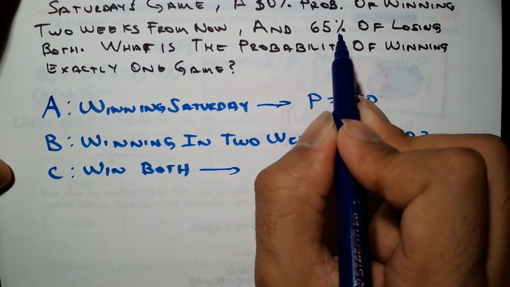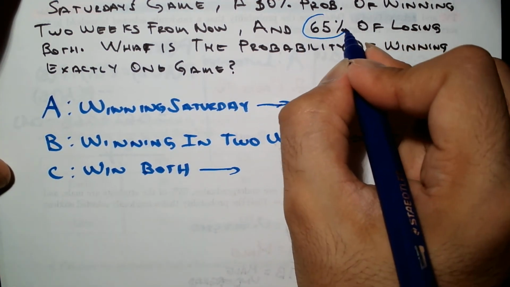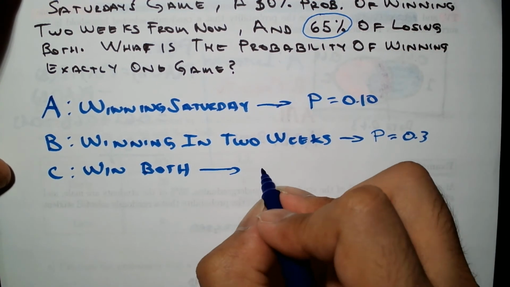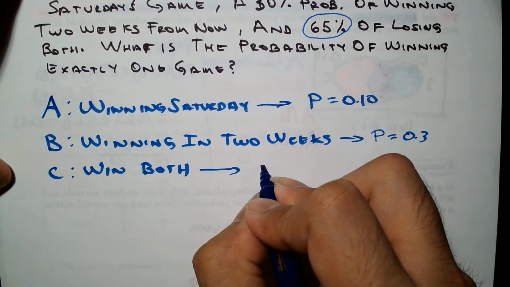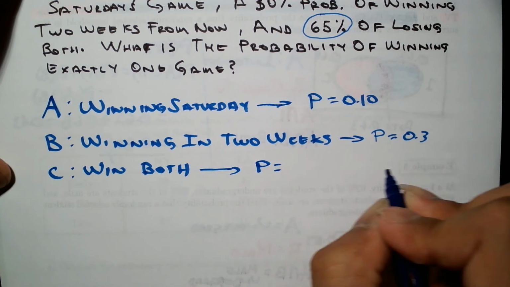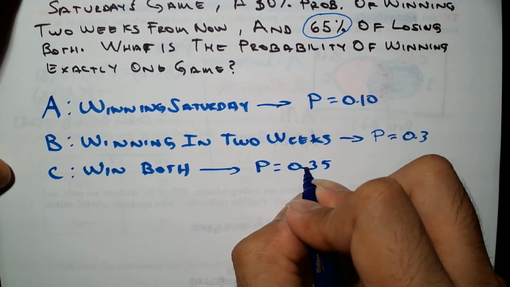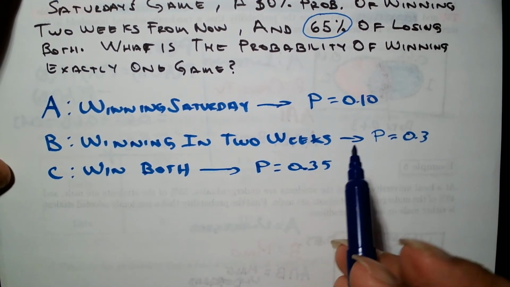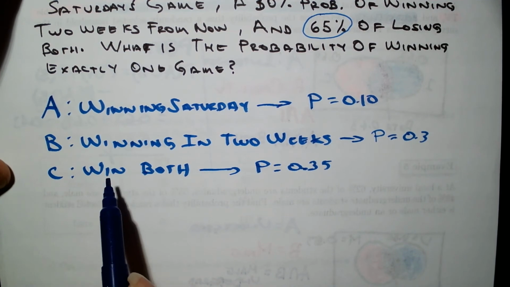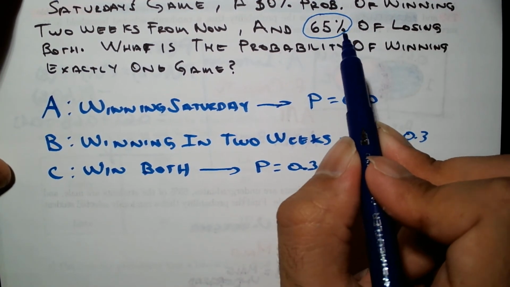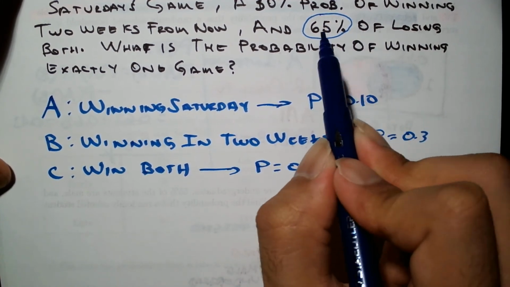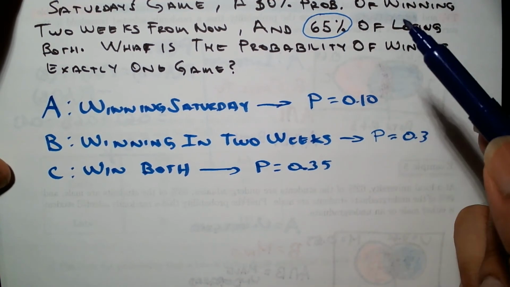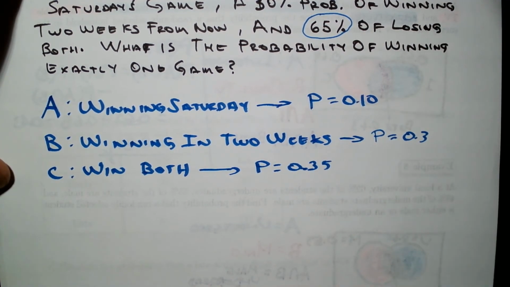If we know the probability of losing both, by complement we can find the probability of winning both, which in this case is 0.35. Hopefully this doesn't freak you out. Where am I getting this 0.35? In this case I need the information for winning both, not the probability for losing both. It's good to know the probability for losing both, because using that piece of information as our starting point, by complement we get the other piece of information.